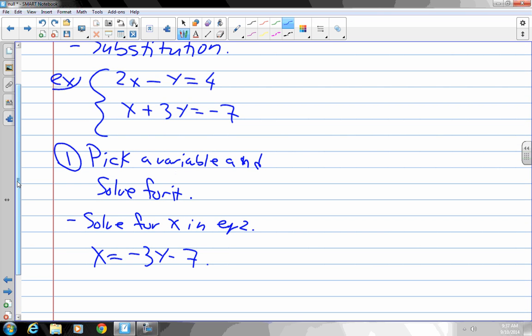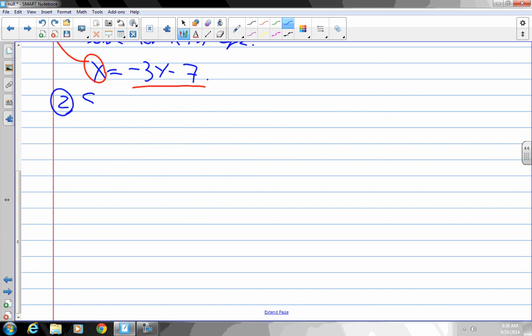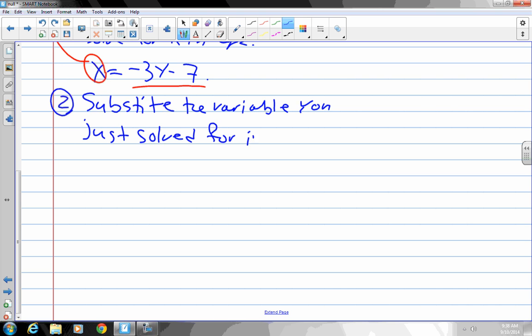And then the second step is to substitute for x in the first equation. We're going to replace that x with whatever we got here. So substitute the variable you just solved for into the other equation.